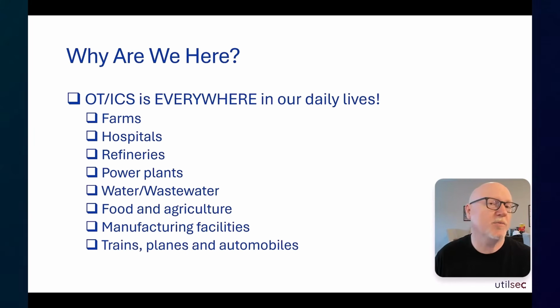We look at transportation. We want to make sure that we get safely and on time, but most importantly, safely, from point A to point B. OT and ICS is everywhere. You can even ask yourself where else you can see OT and ICS, because once you start looking for it, you start seeing it everywhere.